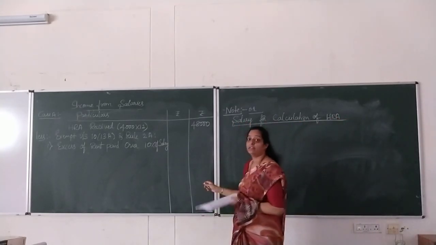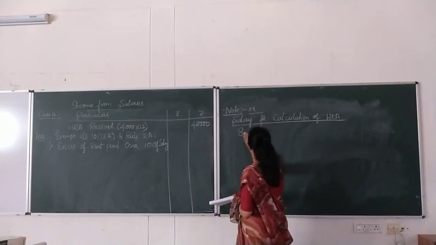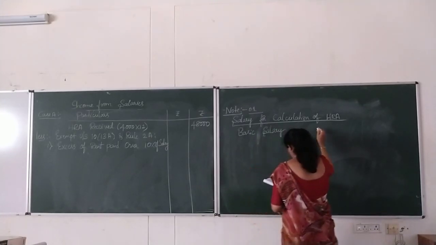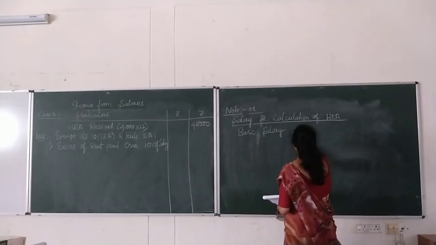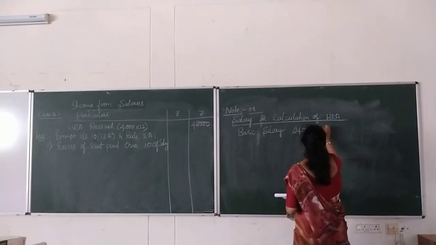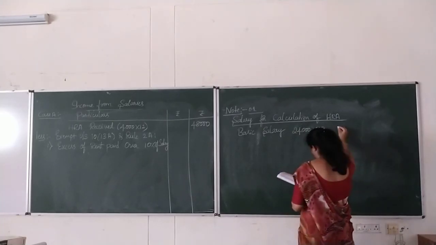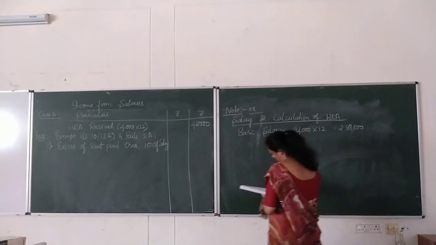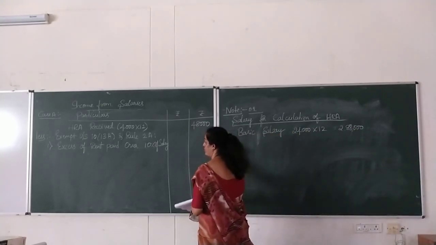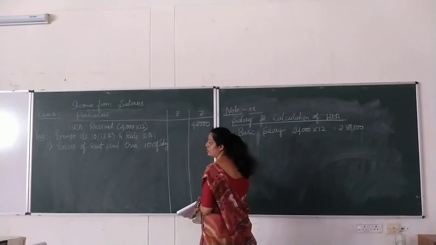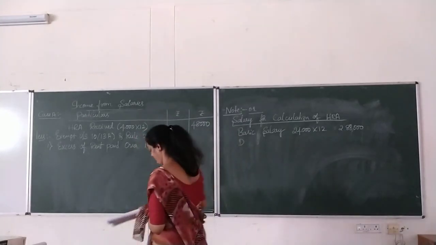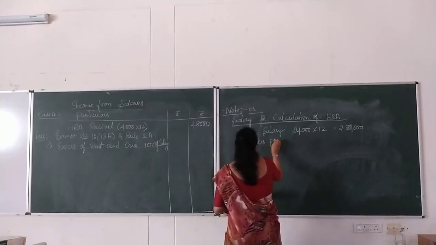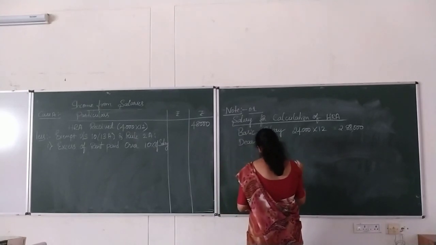Okay, what is basic salary? Basic pay is 24,000. Basic salary 24,000 into 12 is 2,88,000. What is the DNS pay? 10% of basic.